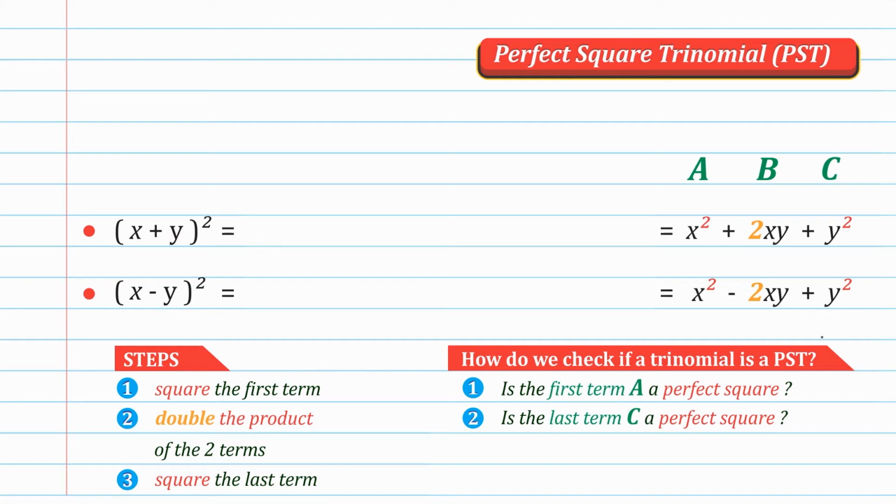So, that means itong middle term should be twice nung square root nung a at saka nung c. Okay? So, kapag nakuha natin yung tatlong sagot is yes, yes, and yes, definitely our trinomial is a PST, or a perfect square.